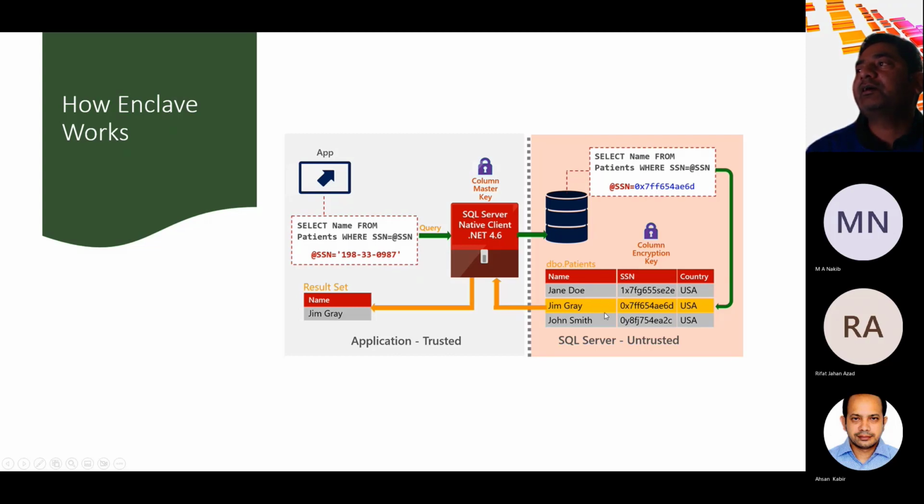After the query occurs, the master key is applied, and finally we get this result in our application. This is the area where things happen. This is the untrusted zone, and finally we get the result in the trusted application. This is something that we do in our demo now.